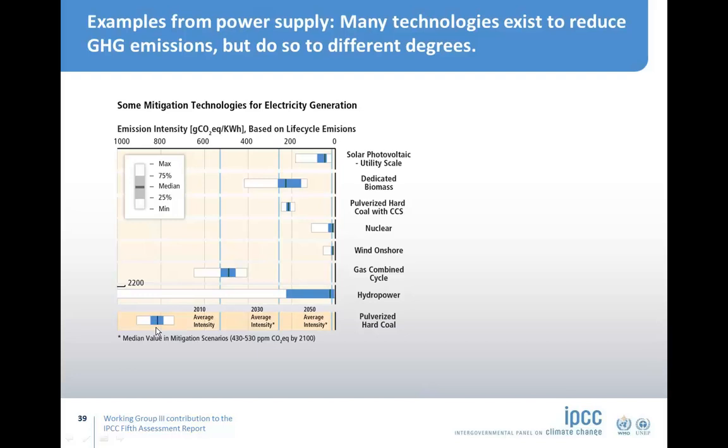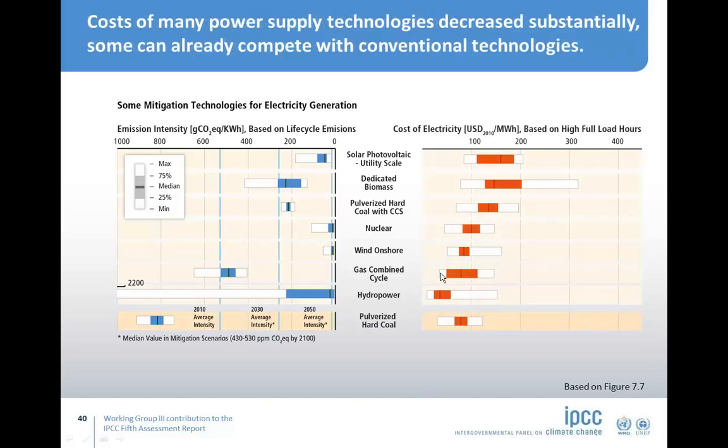Coal, clearly the worst. Gas is next. And then we move into a much closer band, with hydropower spread across quite a large range but with quite a low median value. Biomass reasonably high. And we're left with photovoltaic, nuclear, and wind as some of the best performing energy sources.